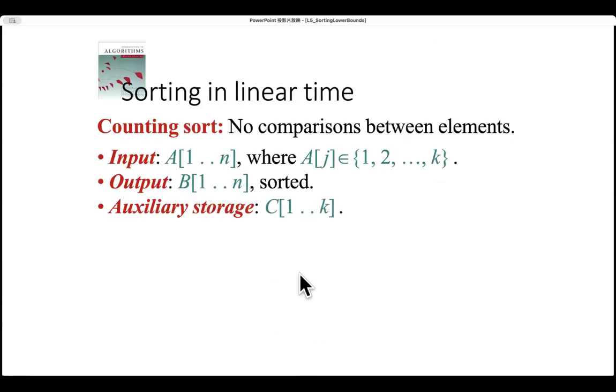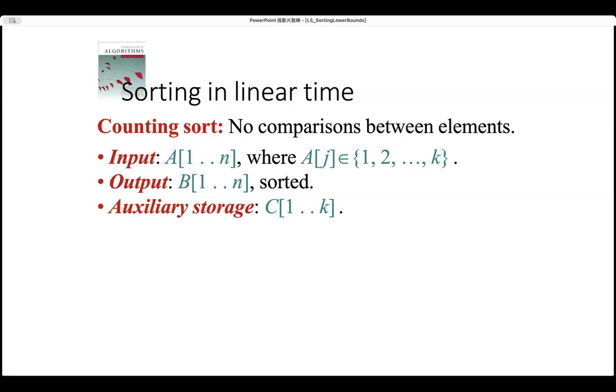So obviously, this decision tree model can be used to explain any comparison-based sorting algorithm.